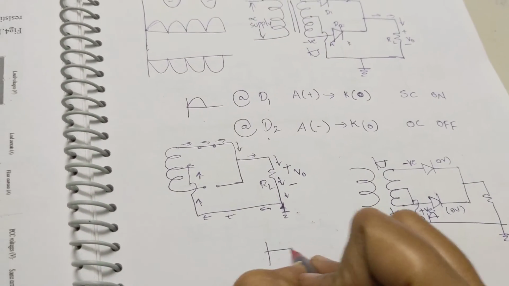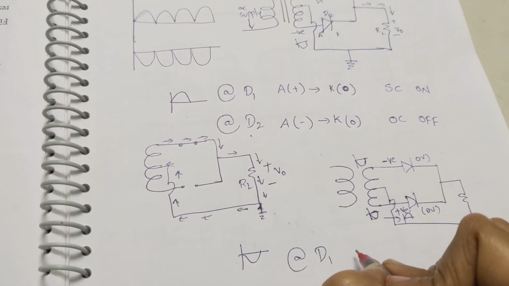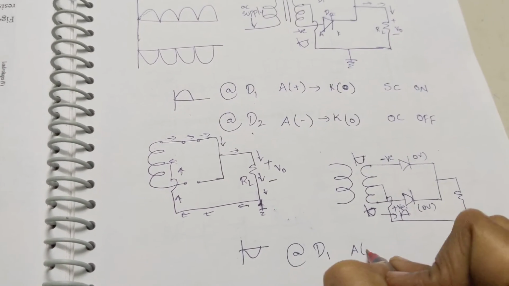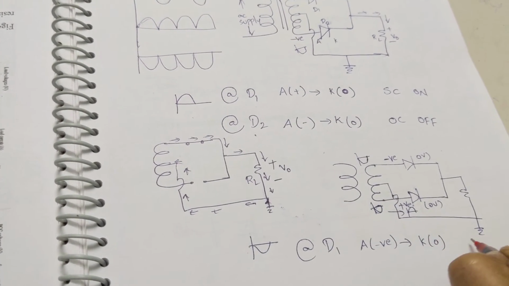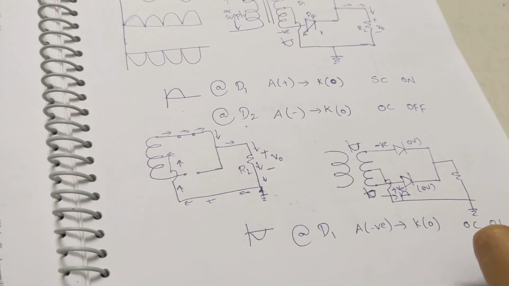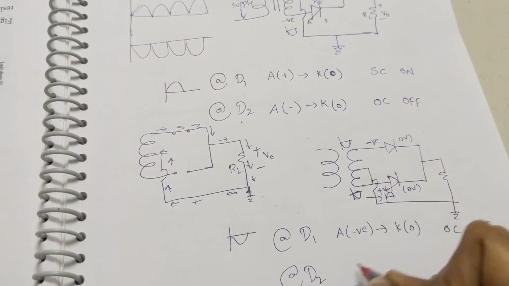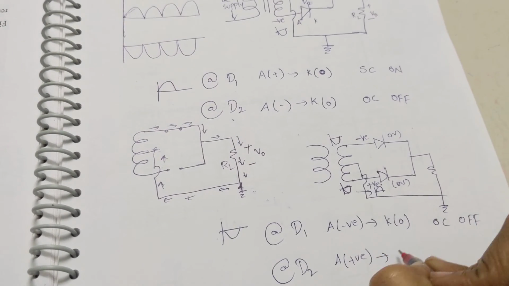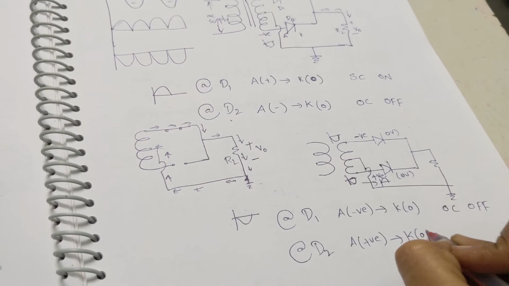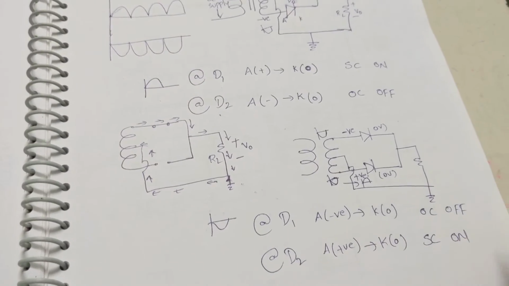In the negative half cycle, at diode D1, the anode is negative, the cathode is zero, open circuit, off condition. Diode D2, the anode is positive, the cathode is zero potential, higher potential to lower potential, short circuit and on condition.